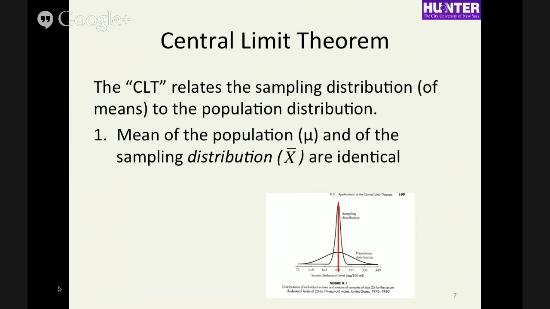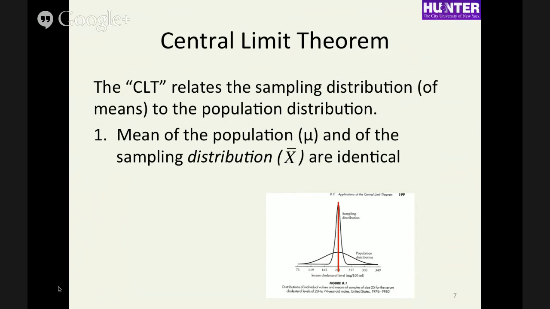So the three components of the central limit theorem, and remember the CLT relates the population distribution to the sampling distribution. The first one is that the means of those two distributions are identical. So the mean that we have from the sample is the best estimate that we have for the mean of the population.